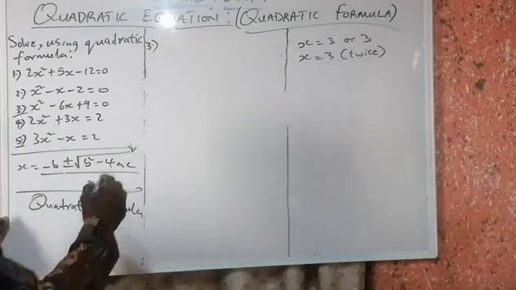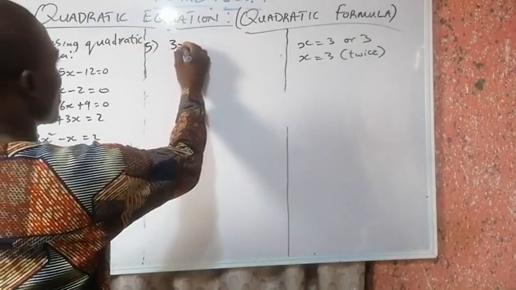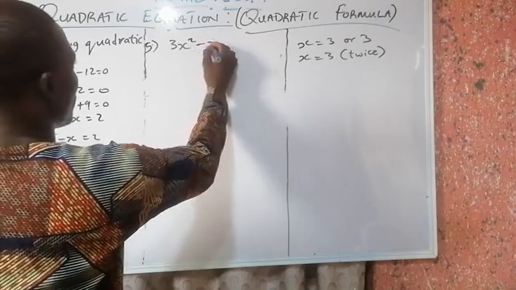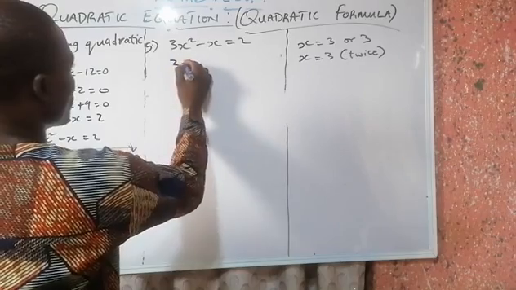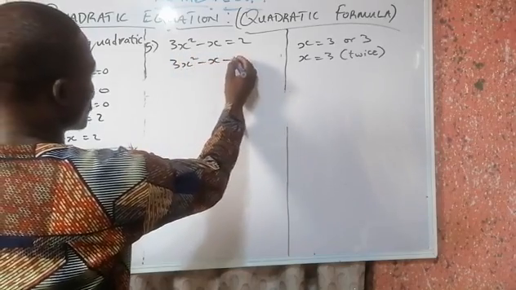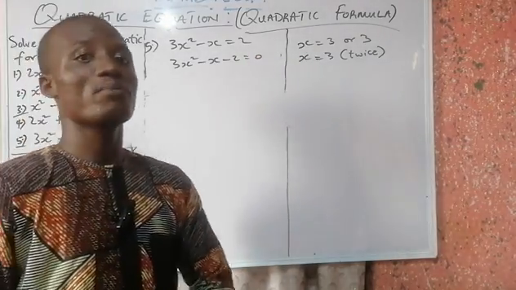I have 3x squared minus x equals 2. Okay, so this will be 3x squared minus x. You must write this in this form before you state out your a, b, c.